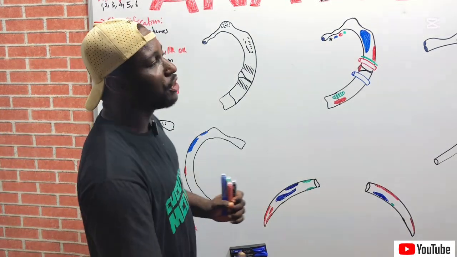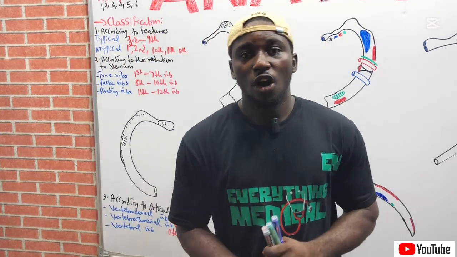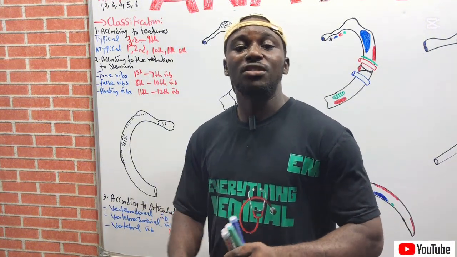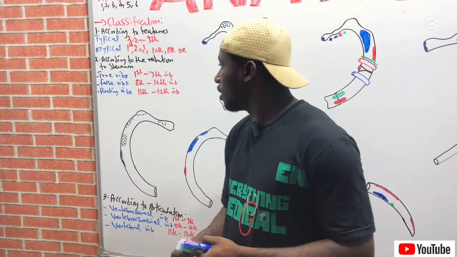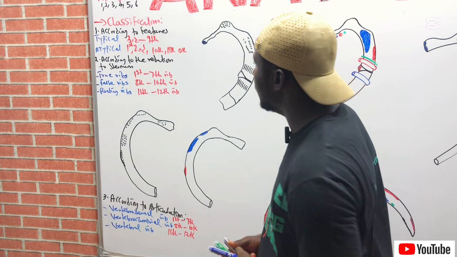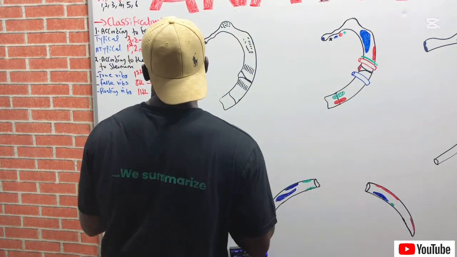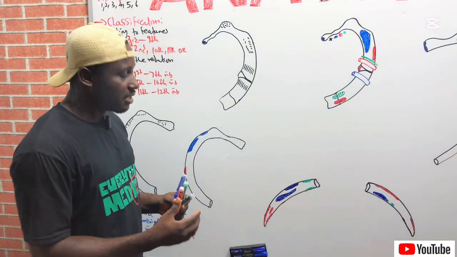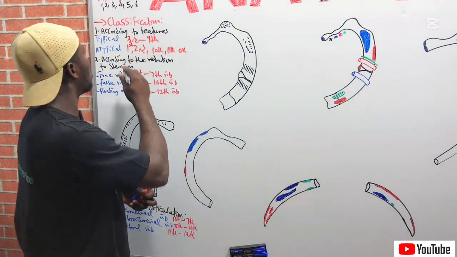Now, we shall be going to the in-depth features of ribs, their features and everything. So let's quickly look at the typical and atypical ribs, because the typical and atypical ribs tell all the features of the whole ribs. So let's begin with the typical rib.